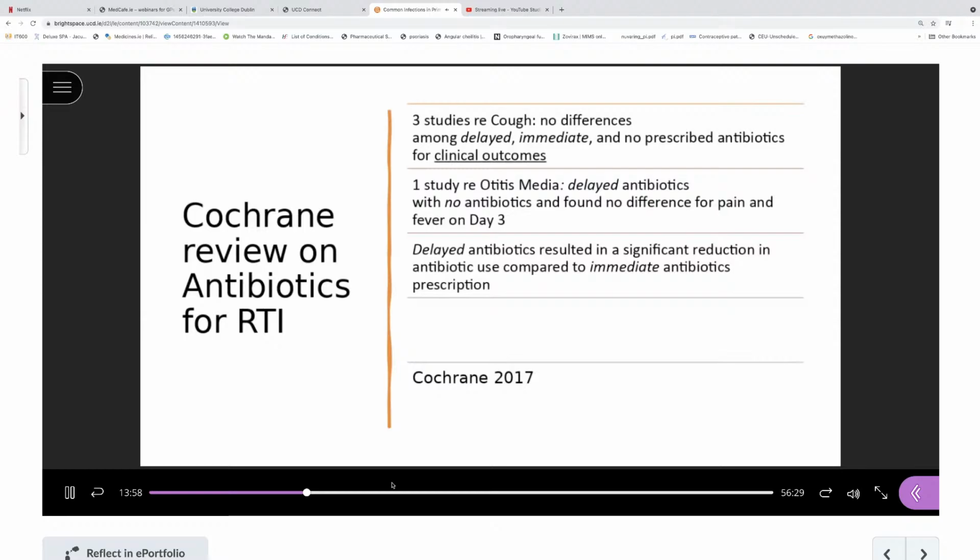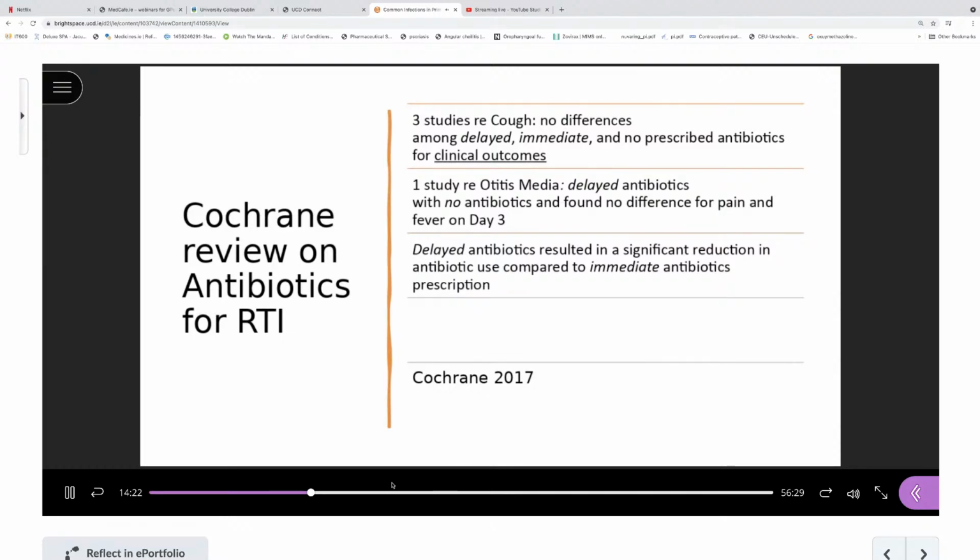There's another, I think it was the Cochrane database, have some interesting meta-analyses looking at outcomes for delayed, immediate or no prescribing for various respiratory symptoms. So one study found no difference between any of those methods for people presenting with cough, and similar findings in relation to otitis media.